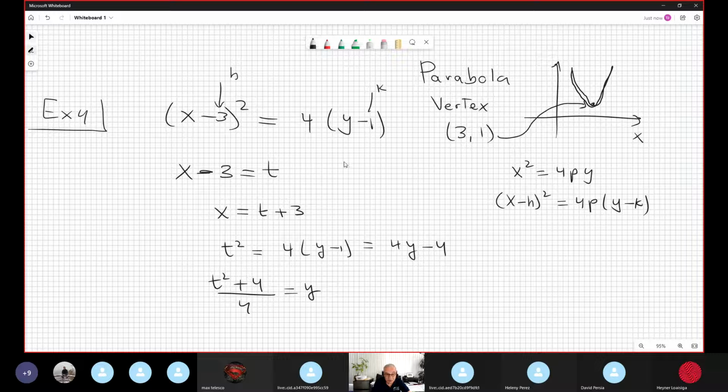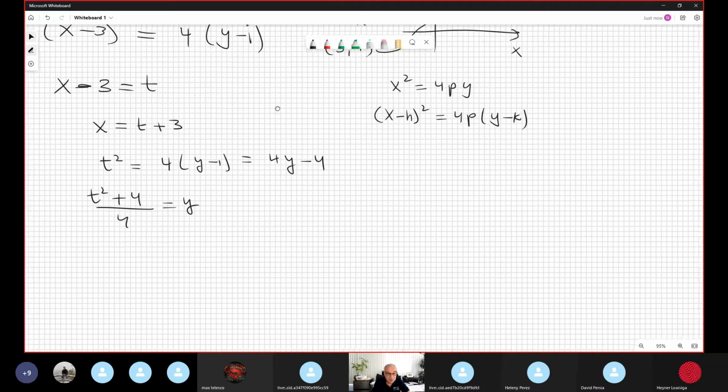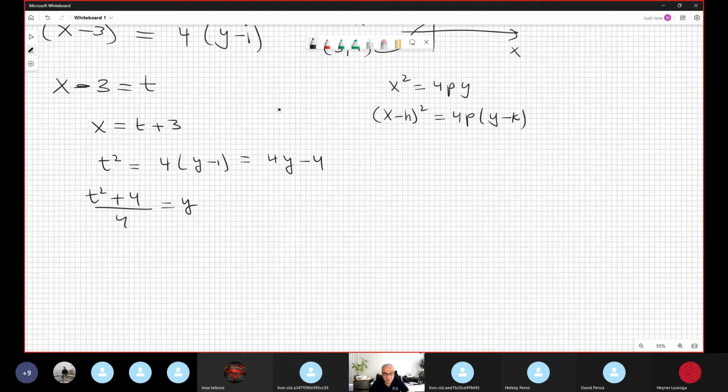Entonces, what is the set of my parametric equations? Well, the set of my parametric equations is x equals t plus 3 and y equals (t squared plus 4) divided by 4. Okay, don't forget the interval of t.